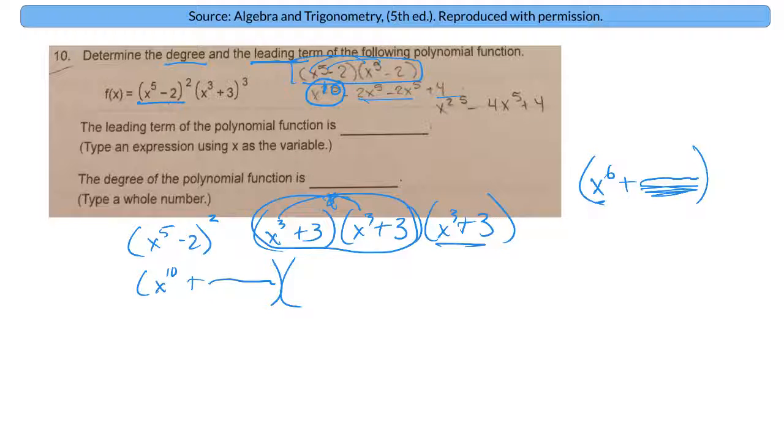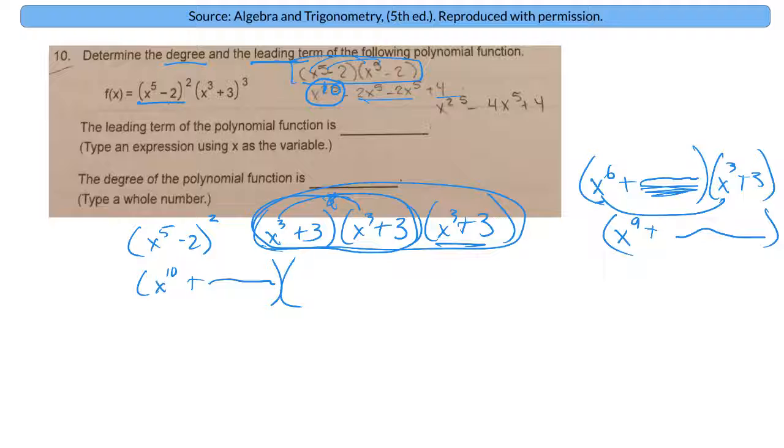Then I have this one, x cubed plus 3. Okay, now if I FOIL this times this is going to give me an x to the 9th plus something, whatever that something is. So this part here gives me an x to the 9th plus something. So now if I FOIL out all that, which I'm not going to do, but I'm just going to FOIL out the front guys, this times this would be x to the 19th.